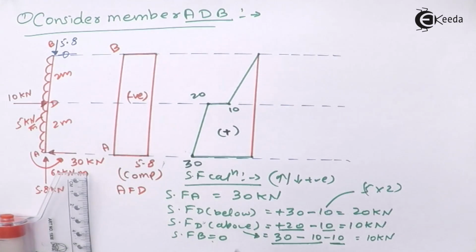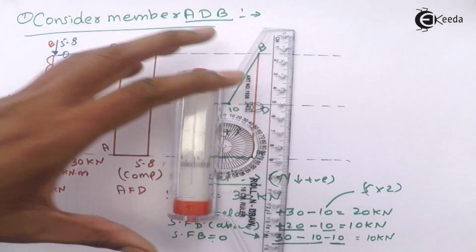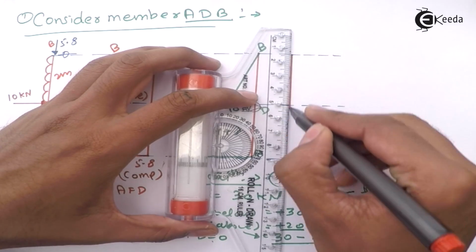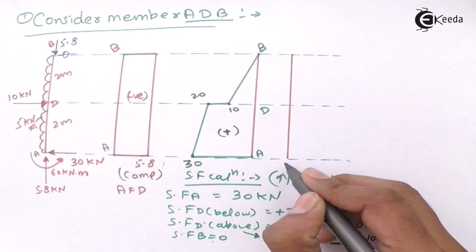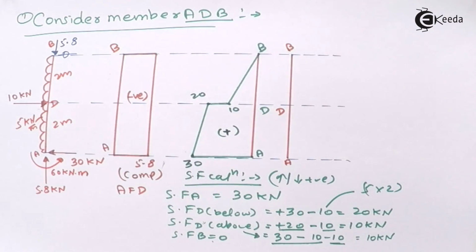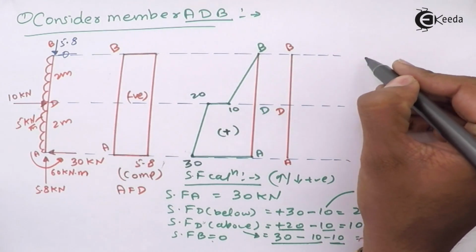Okay, now this is your A part, this is your D part, this is your B part. Now the bending moment diagram. This is your A part, D part and B part. Now take the bending moment calculation, write it over here.